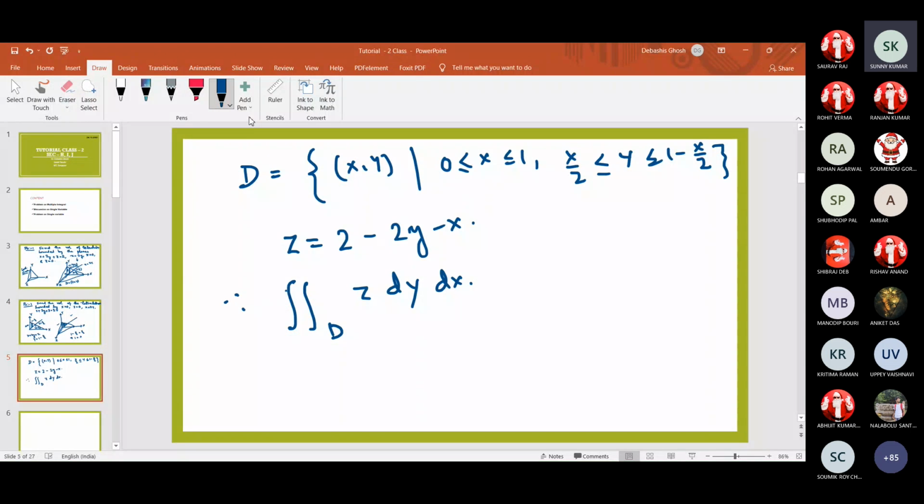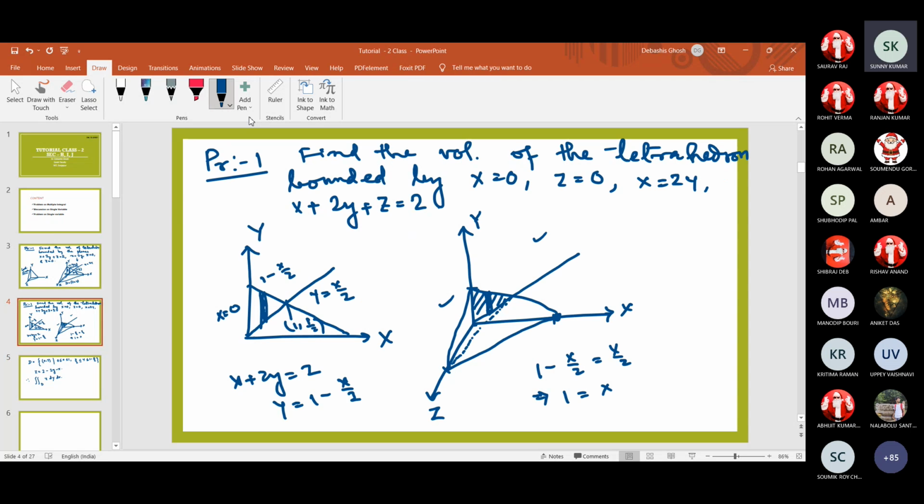We know z, so if you substitute, then you can do that integration. I think it's not too hard. Can I write z dx dy? You can write it, but the range of y is a function of x, so you cannot integrate with respect to x first.